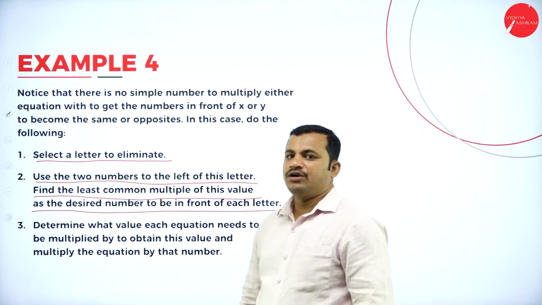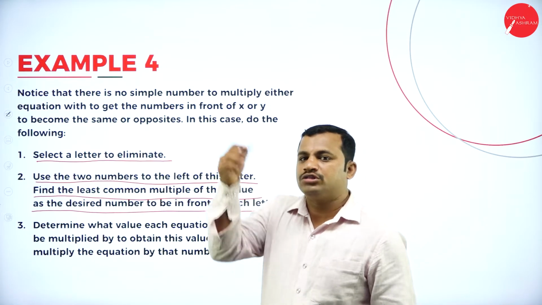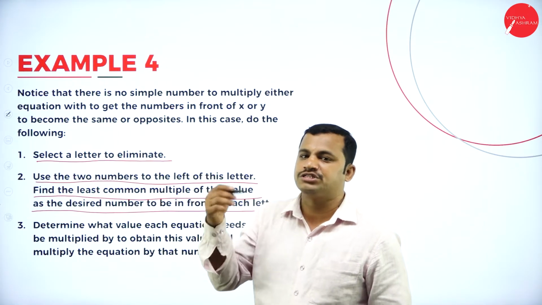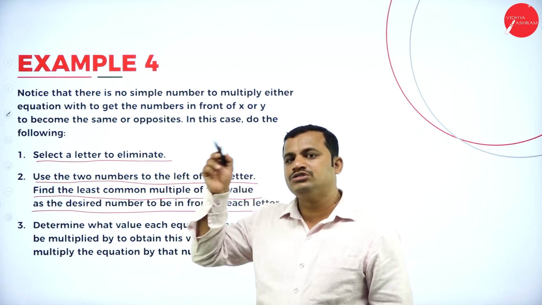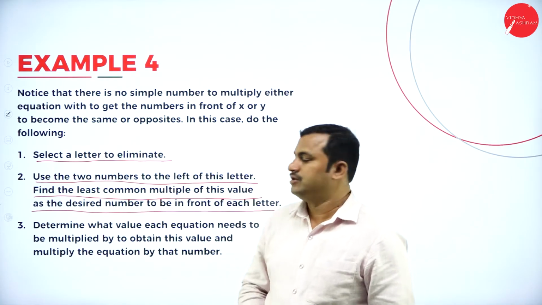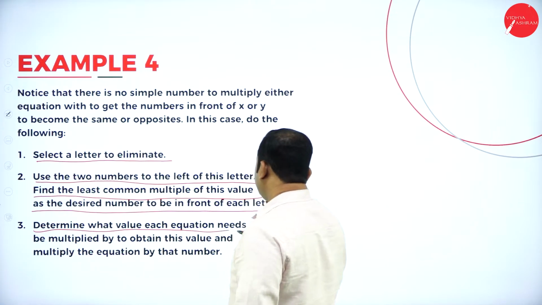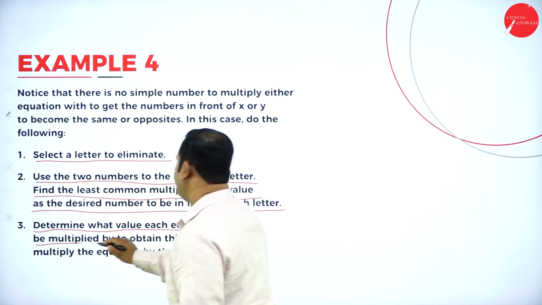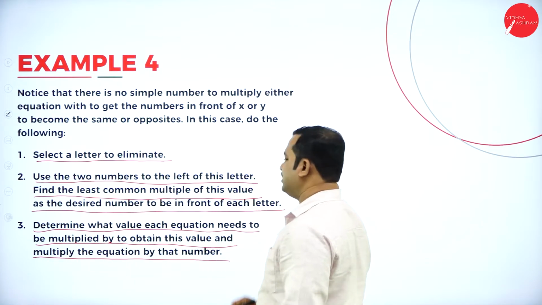That is, the first terms, or the second terms, of the two equations must be equal so that they get cancelled and the remaining unknowns can be determined. In the first step, determine what value each equation needs to be multiplied by to obtain this value, and multiply the equation by that number.